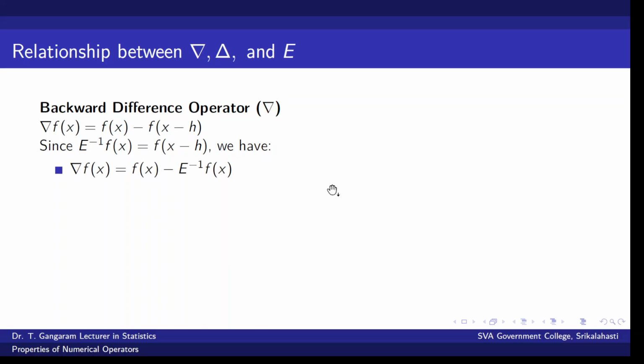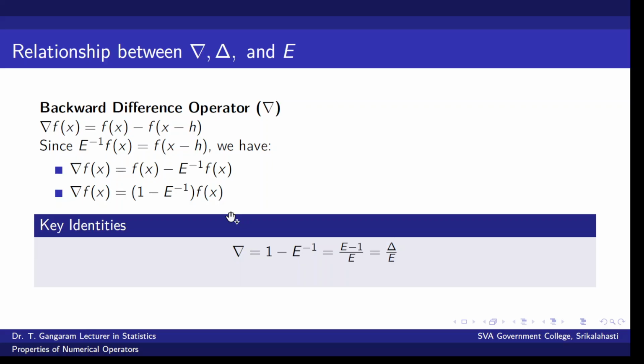We get nabla f of x is equal to f of x minus E power minus 1 f of x. By commoning f of x, nabla f of x is equal to 1 minus E power minus 1 f of x. The key identity is nabla is equal to 1 minus E power minus 1, or 1 minus 1 by E, which is E minus 1 by E.